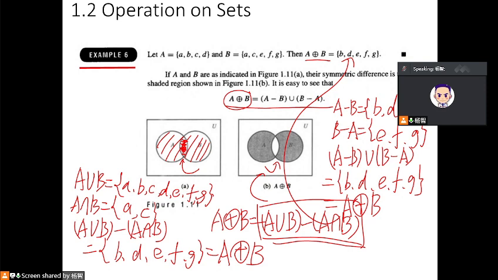The union part is all of A and B, and we minus the middle. The middle is the intersection of A and B. And we minus this, we have results like this. So you can see this means A union B minus the intersection of A and B.